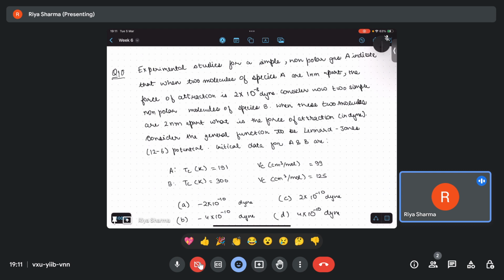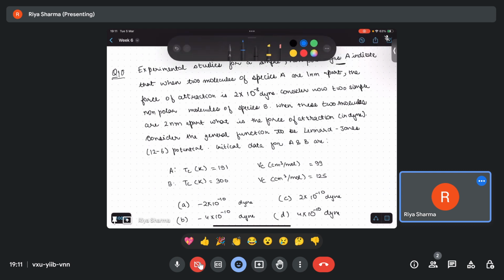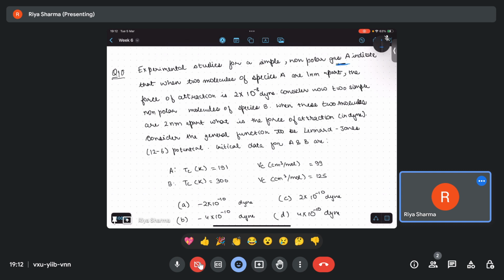Yeah. So starting with the question. Here you are given two non-polar gases, A, one nanometer apart.